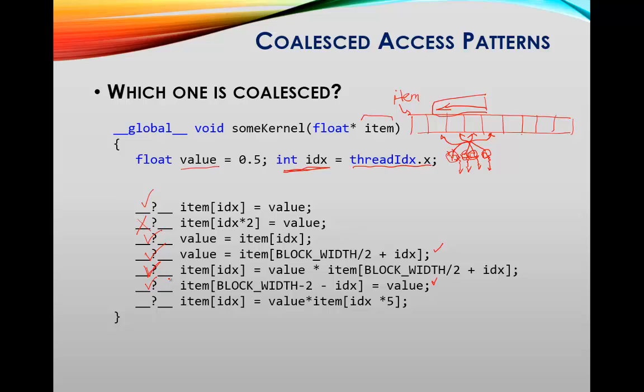And finally, when you have a value that you're reading from index times 5 and then storing into the index, that is going to be a strided memory access. And to show you how it works, in the last line I'm reading, for example, from I times 5. So for I equals 0, this is reading the content, multiplying it and storing it. For the next I, it reads from I times 5, multiplies and writes, then reads from I times 5 and multiplies and writes, and reads from I times 5 and multiplies and writes.